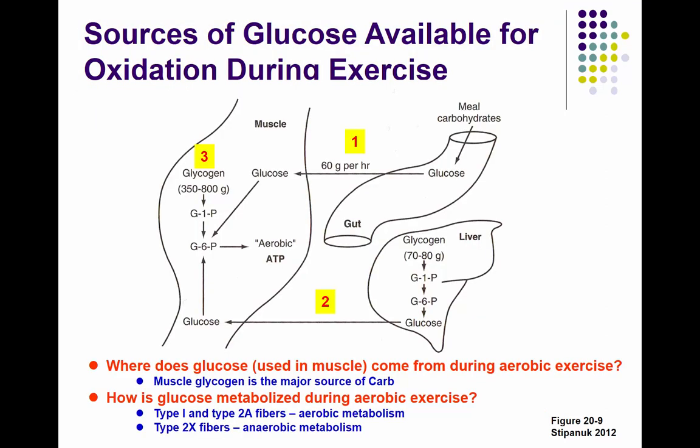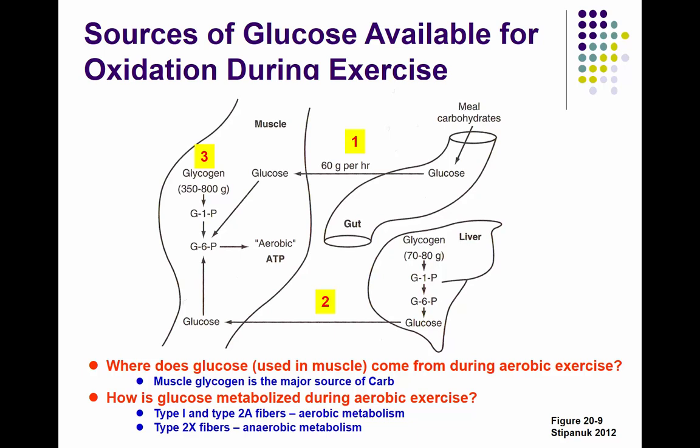And this diagram just gives us a better idea, a picture, of how different sources of energy are used for muscle. So two questions you guys probably want to ask yourself are, where does the glucose used in muscle come from during aerobic exercise, right?